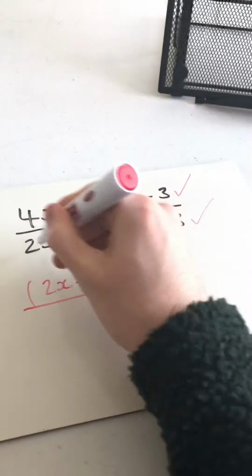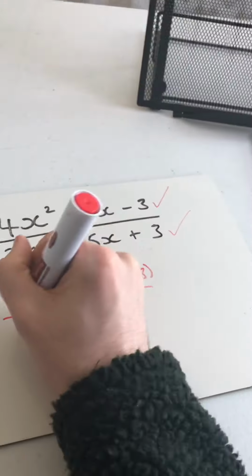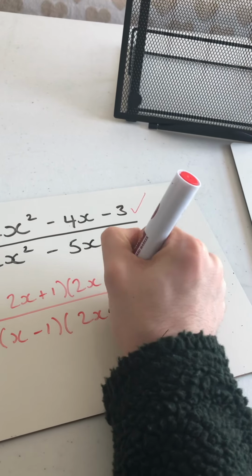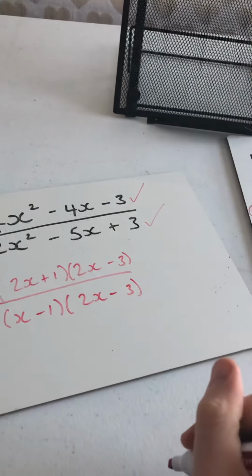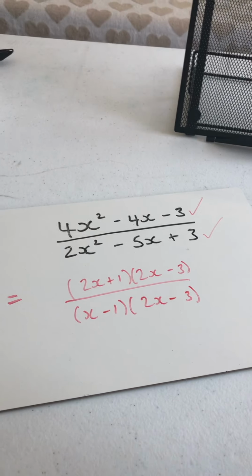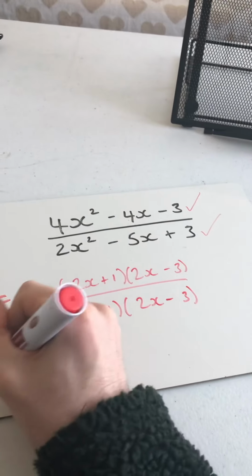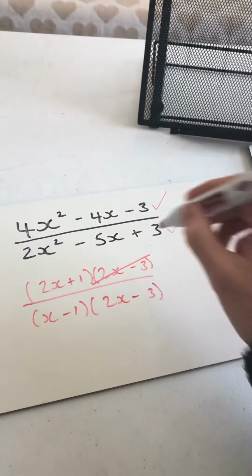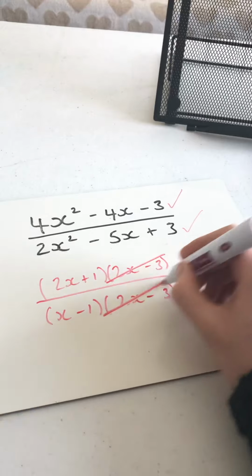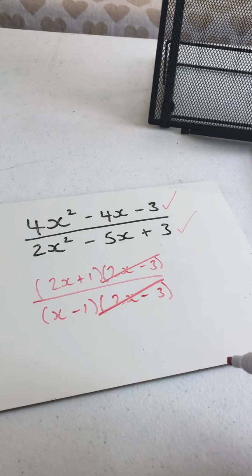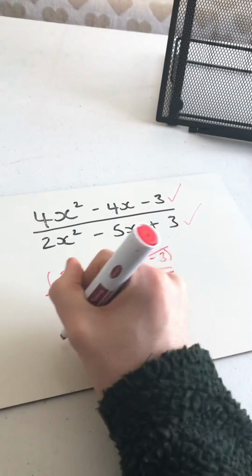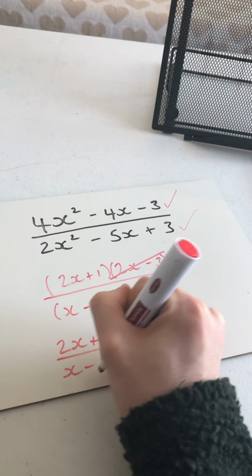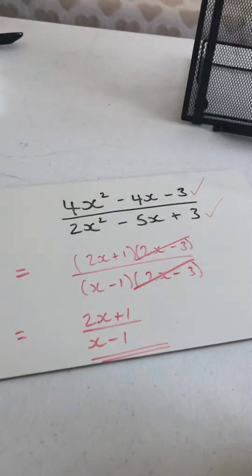And when you factorised the denominator, you got x minus 1, 2x minus 3. Okay, so you've factorised, and now you need to simplify. You'll notice you've got 2x minus 3 in the numerator and the denominator, so we can cancel. And what we're left with is 2x plus 1 all over x minus 1. And that's your final answer.